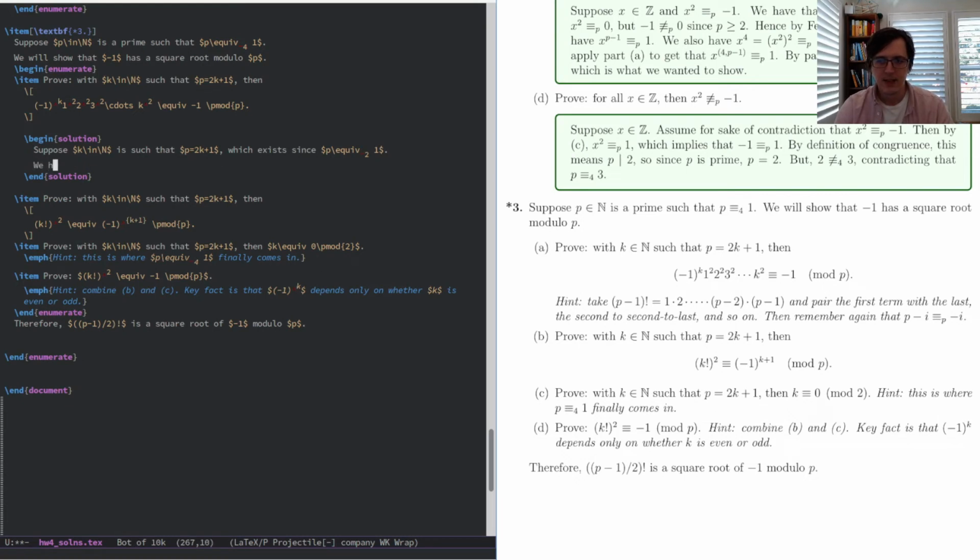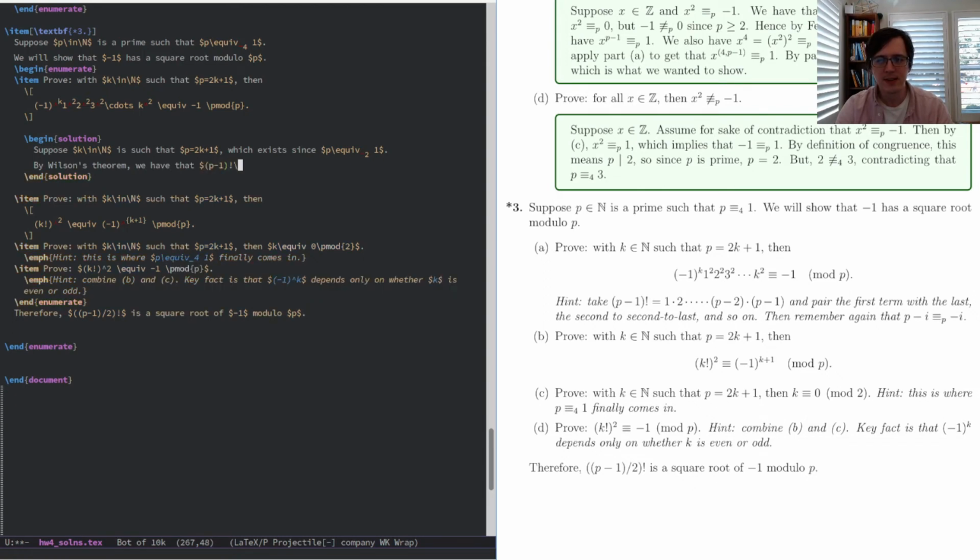By Wilson's theorem, we have that p minus 1 factorial is congruent to minus 1 mod p.